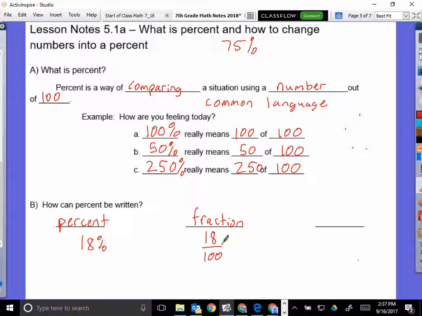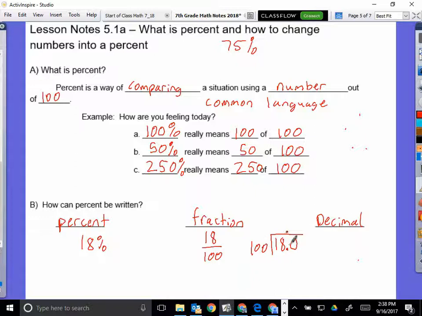Okay, we can also take this fraction, we can make that into a decimal to show a percent by doing what we did earlier in chapter 3 by dividing. We can take this fraction, turn it into a decimal, take 18 divided by 100. Okay, now remember, 100 does not go into 18, so that's where we have to add our little decimal point there in our 0, and our decimal point goes straight up here.